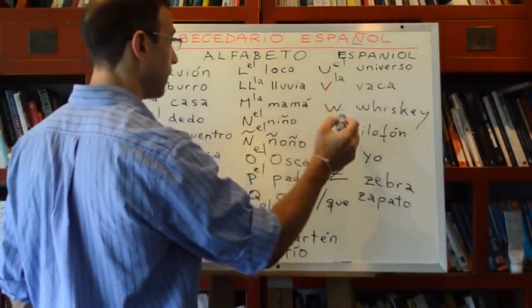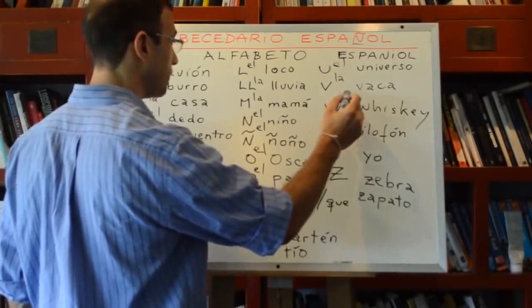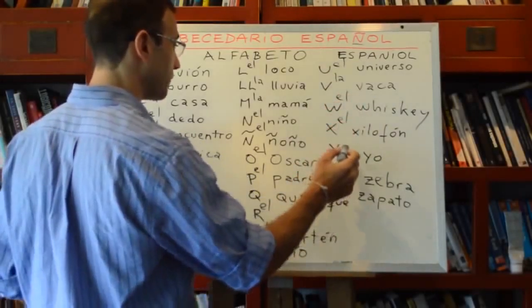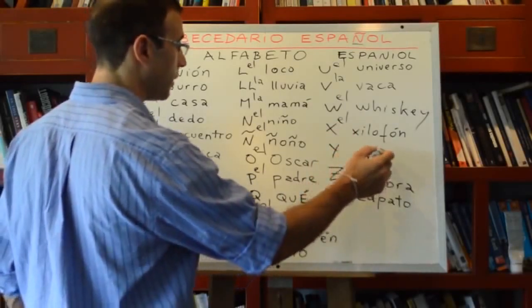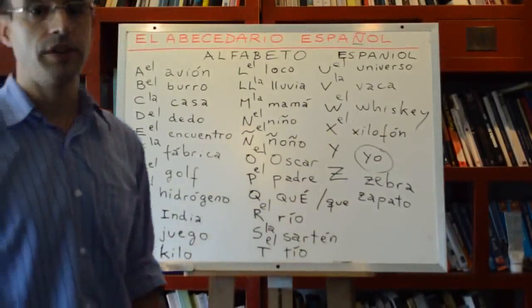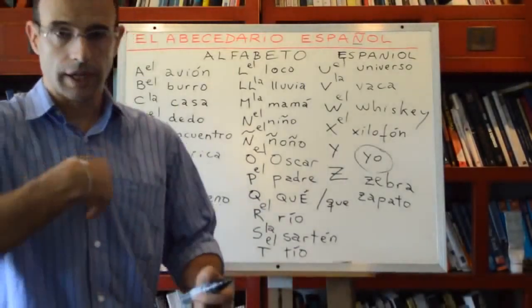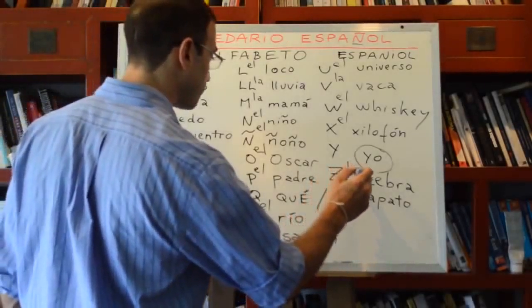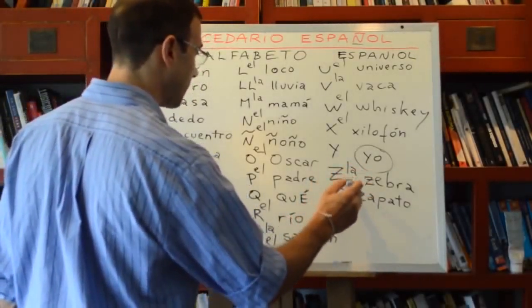La vaca. El whisky. El xilofón. Yo is a pronoun, so that has no article. You don't say the I when talking about I, me. La cebra and el zapato.